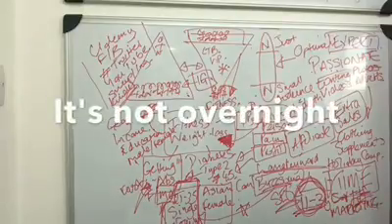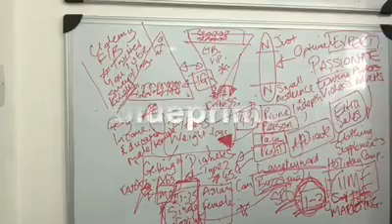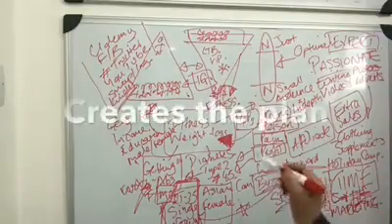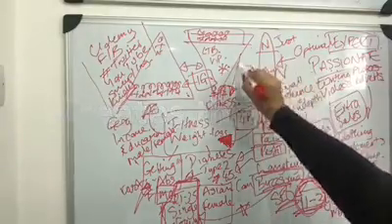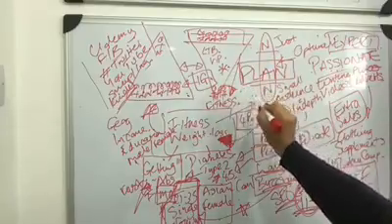It's not overnight, it's not sudden. Yes, it can be a blueprint, but that blueprint isn't a shortcut. That blueprint simply helps you plan so that you know who, what, when, where, how.